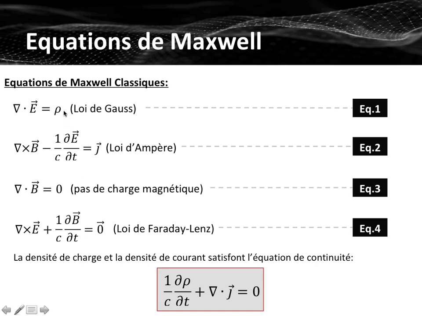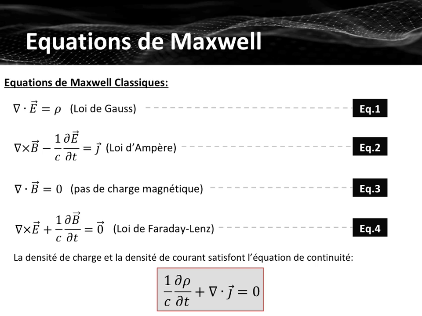Now what interests us here is something that you also know before. The two Maxwell's equations, 1 and 2 here, are related, and we can deduce out of them something called the continuity equation, which is the equation of continuity of charges.